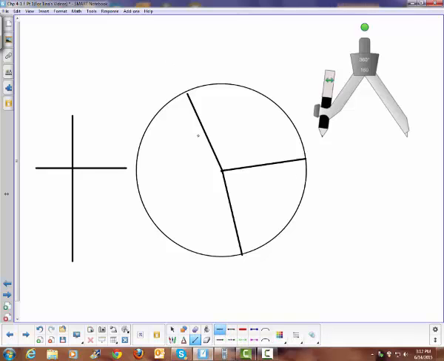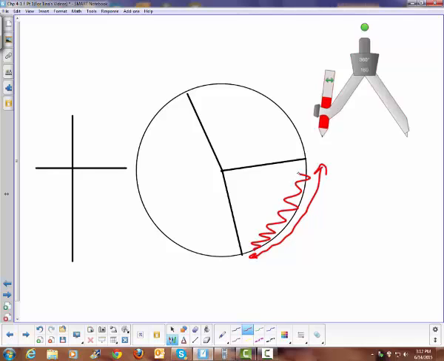Now, keeping that in mind, also recall that this distance along the edge of the circle, from here over to here, is called an arc. An arc is a piece of the edge of a circle, and any line segment I draw from the center point of the circle out to that arc would have to be exactly the same length.